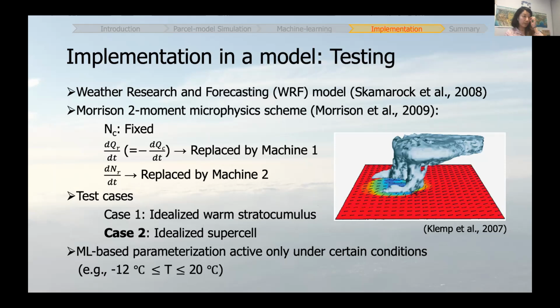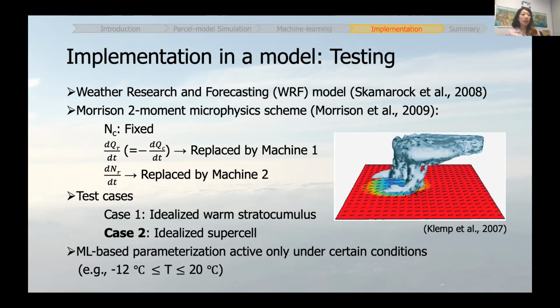The reason for that is that these trained machines were excellent at predicting dQR/dt or dNR/dt only within the range they were trained on. So they were not good at extrapolating their predictions beyond the ranges they were trained on. That's why, for example, for temperatures above or below this range, we used the original parameterization for dQR/dt and dNR/dt.